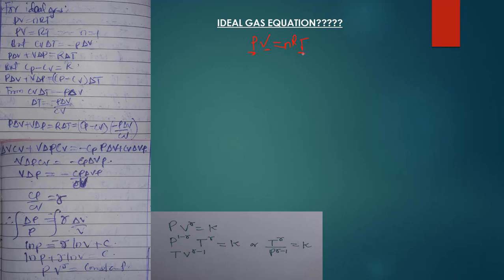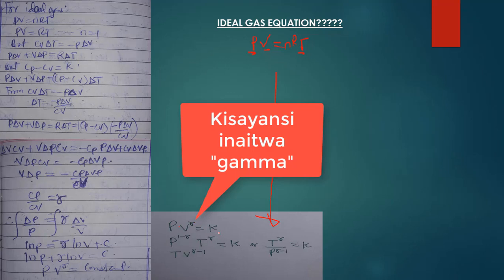At constant temperature isothermal that's fine, it can work. But for adiabatic it uses a different expression, which is this one here, which we have shown, that PV to the power of a certain constant is equal to K.